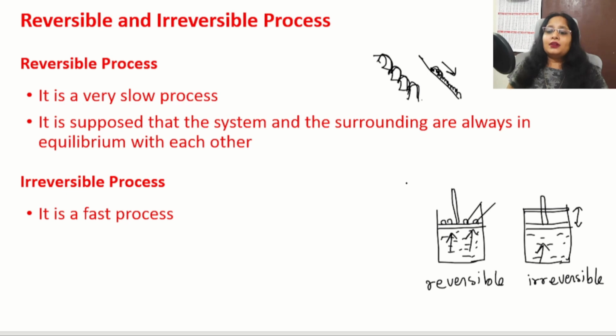So the slope is the reversible case, and the steps are the case of irreversible. This is the difference between reversible and irreversible.